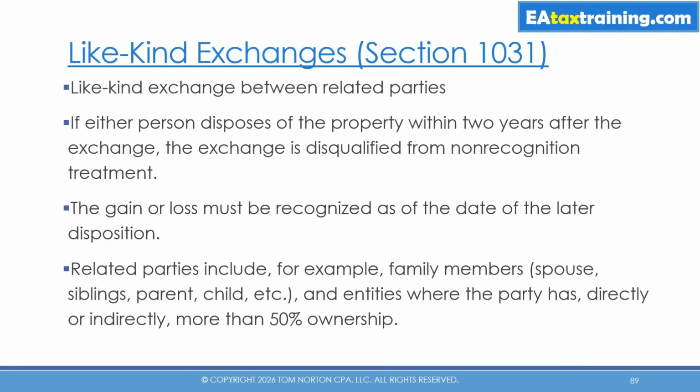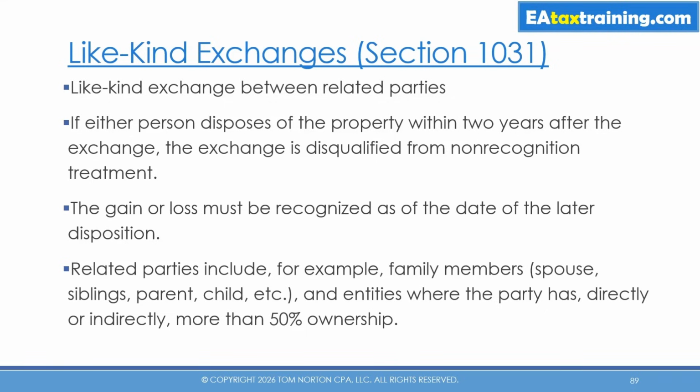The gain or loss that's going to result, because you got this like-kind exchange treatment originally, so you didn't recognize the gain. So the gain or loss that has to be recognized is recognized at the time that that property is sold. So within 2 years, the property is sold, that's when you recognize the gain.